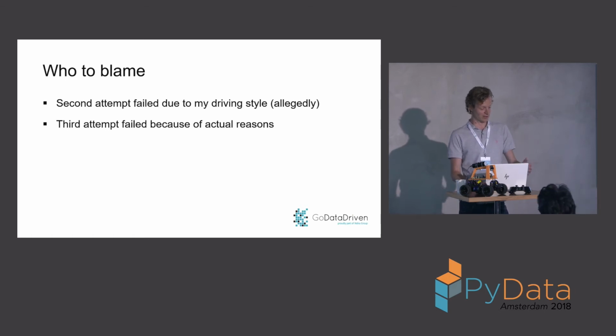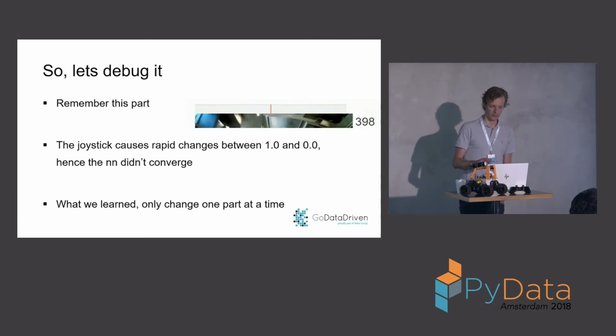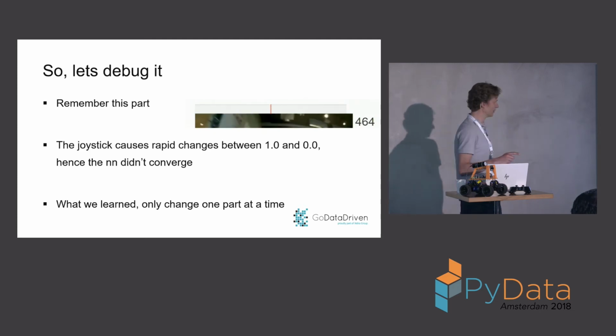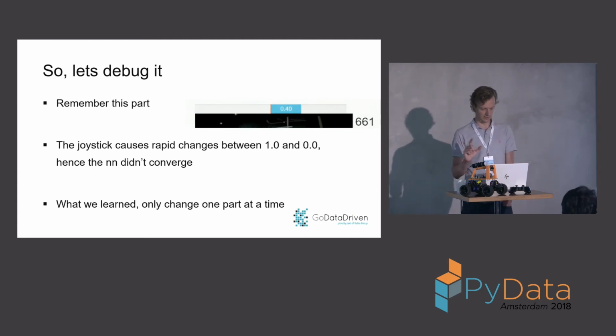And then we had a third attempt, different driver, and it actually failed because of actual reasons. So we started debugging it. And like I showed before, this is a snippet of the previous image. So you have the steering values, right?